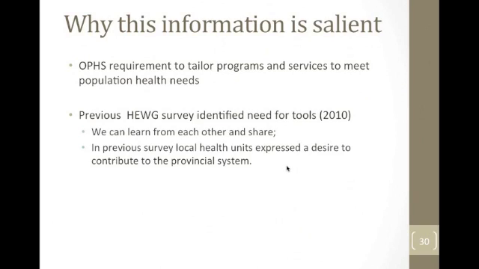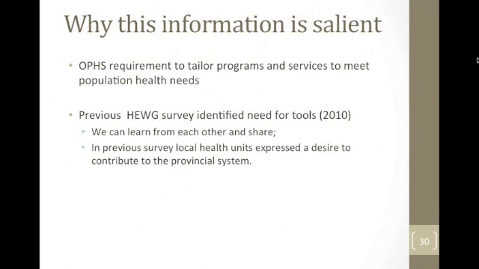So why is this important? Well, I did mention the Ontario Public Health Standards requirement, but also when I first joined this health equity work group a couple of years ago, we issued a survey to identify the range of activities health units were doing on social determinants of health.